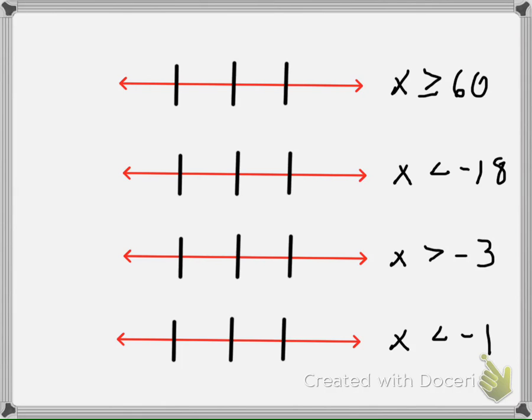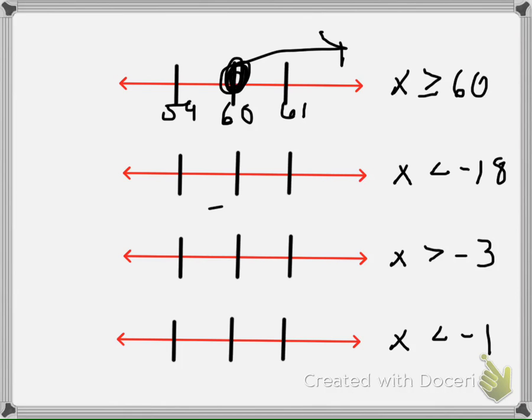Okay, here we go. The first thing I have to do is put 60 on here, and I need one number smaller and one number greater. How do I read this? Well, x is greater than or equal to 60.